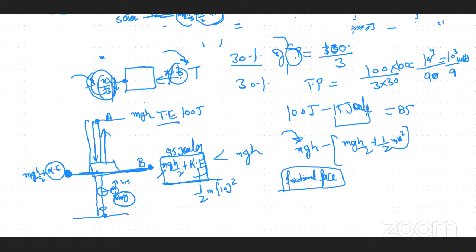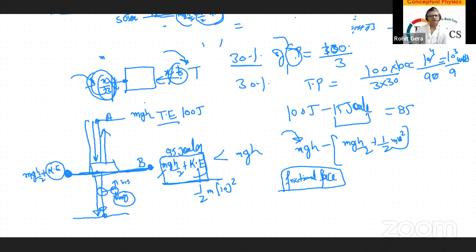But the potential energy will get dissipated because of the frictional force. All of it will be wasted, all of it will end, because once it falls here, what will you have? Only kinetic, right?